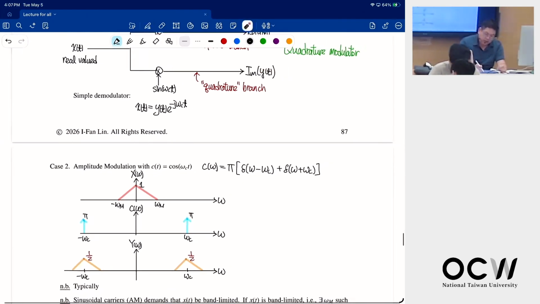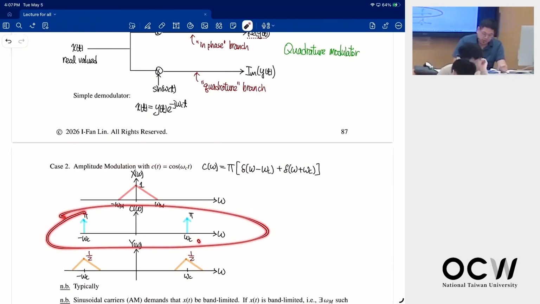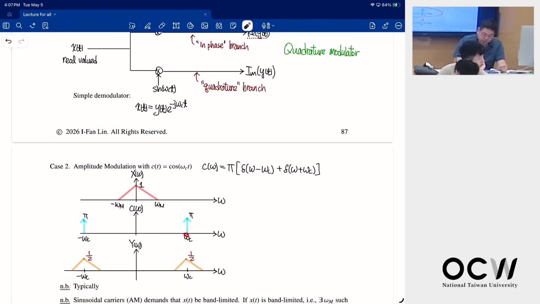Okay, so suppose this is my signal in the frequency domain, and I will do the convolution with the carrier frequency. So I shift to the right and left by omega c, and the magnitude is pi.